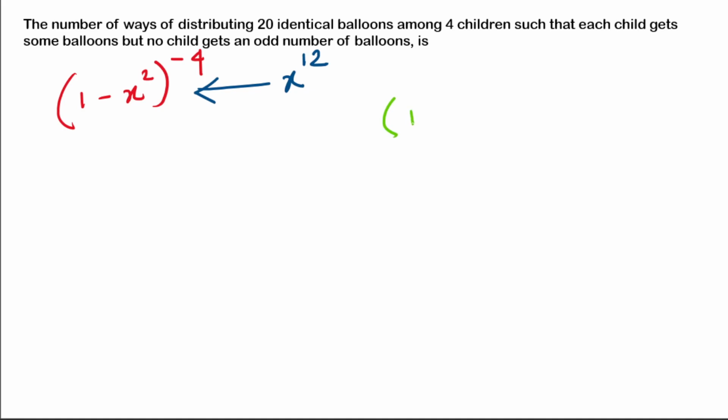I am writing another term for you, 1 minus p to the power minus n, where n not equals to 1 and p not equals to 0. You know what this expansion is?